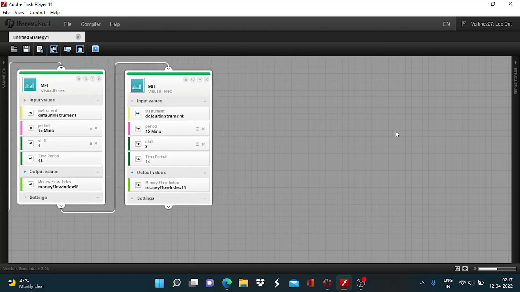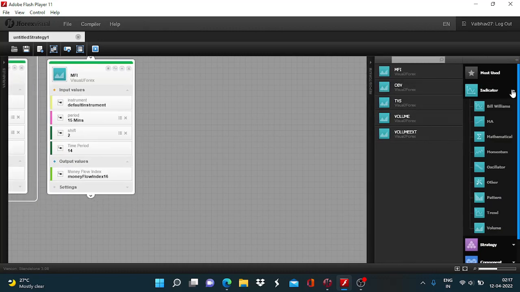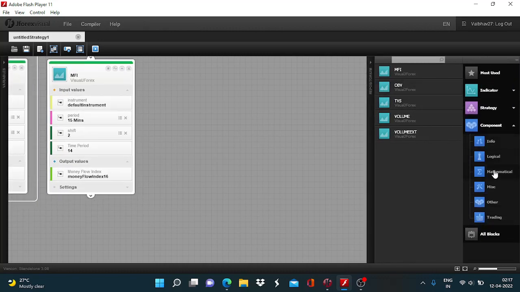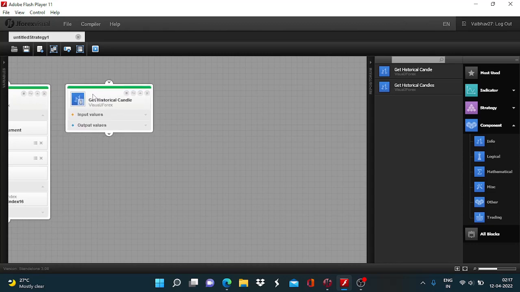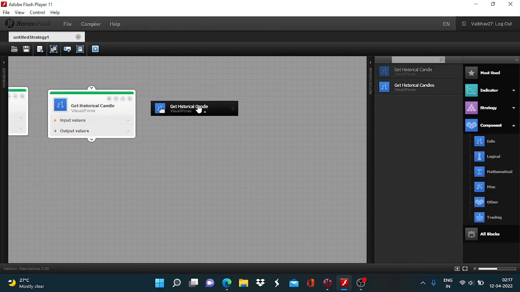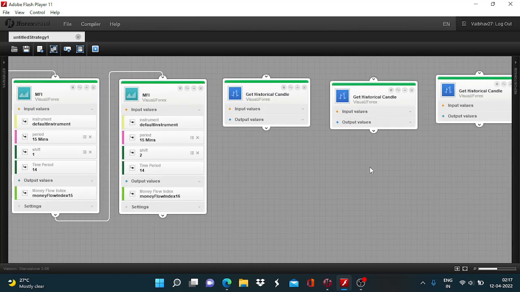After that, to look at the price volatility, we will consider the get historical candle, the information candles. For that, we are going to need these info components. We will need at least 4 of these. First two of 15 minutes and later two of 10 seconds to pinpoint the exact entry point.